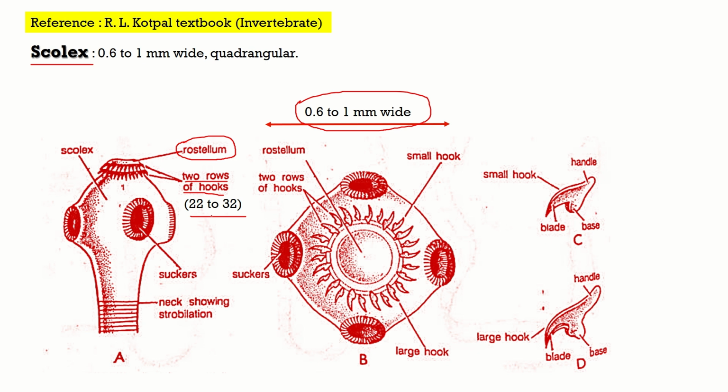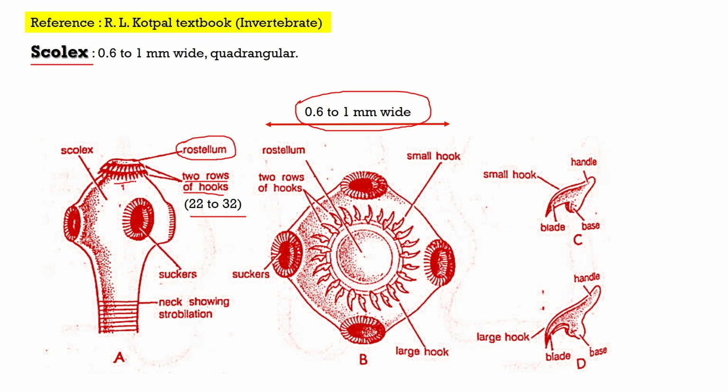The hooks of the anterior circle are larger, measuring about 0.14 to 0.18 millimeter, while the hooks of the posterior circle are smaller, measuring about 0.11 to 0.14 millimeter.